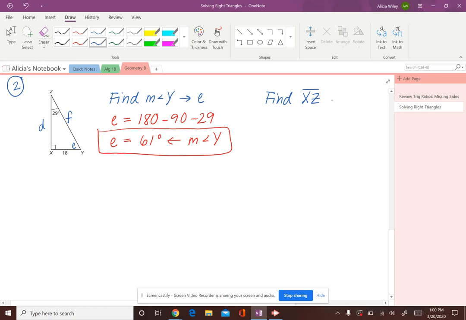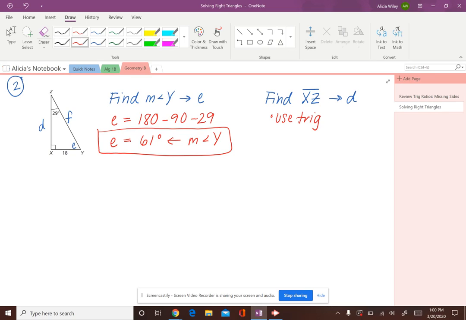So the length of XZ for me is going to be the variable D, just to keep it simple for me. And again, this is an option where you've got to use trig to do the problem, because you don't know enough sides to use Pythagorean theorem yet. We need 2 sides to use Pythagorean theorem. So let's find another side, and then we can use good old Pythagorean theorem.